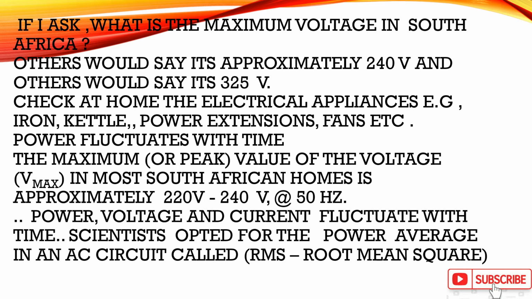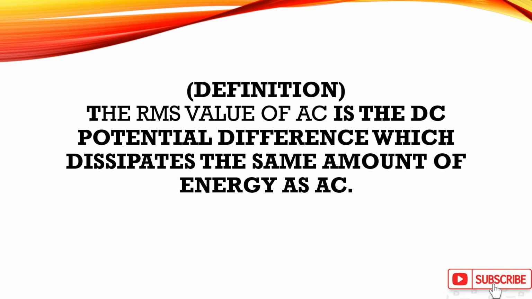Scientists opted for the average power in an AC circuit, called the RMS or root mean square.